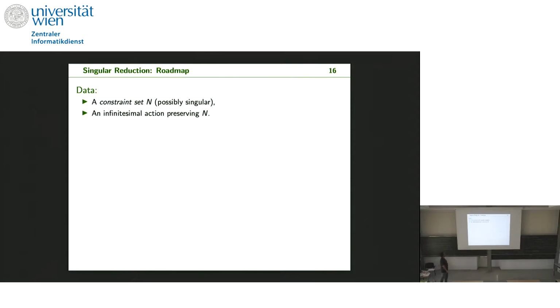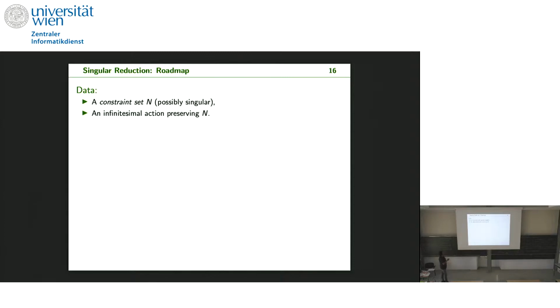Okay, so what's the idea? How did we manage to construct a singular reduction? This is the roadmap. Our data was fixed. It's not written here, but consider M to be a multisymplectic manifold. Then consider a constraint set N that is simply a closed subset of M, so it's not a submanifold in general.